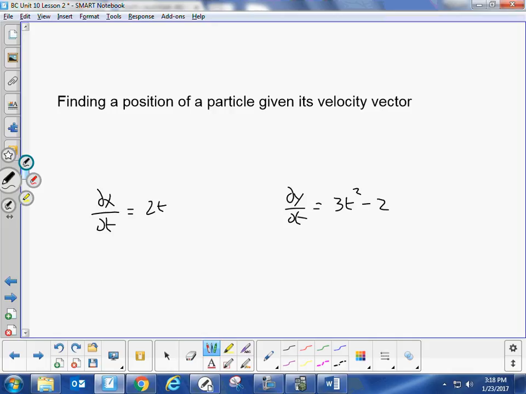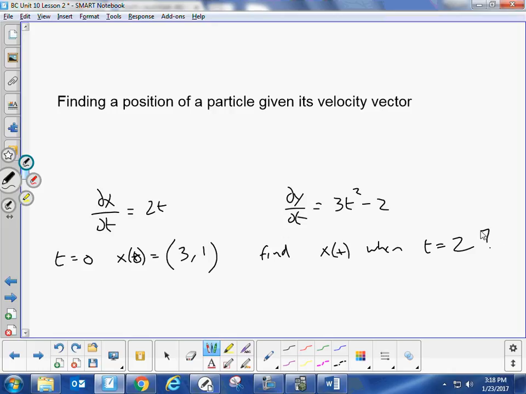I'm telling you that my initial position when t equals 0, x of 0 is (3, 1). And I might ask you to find the position when t is 2.